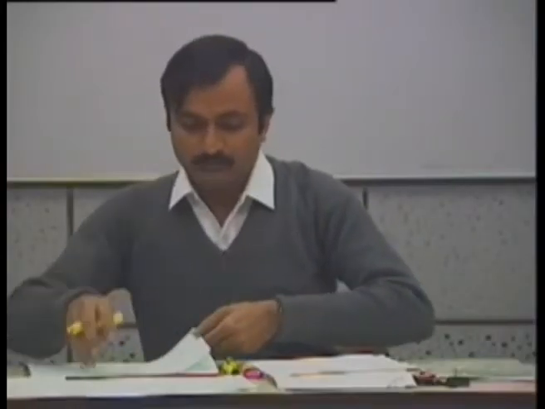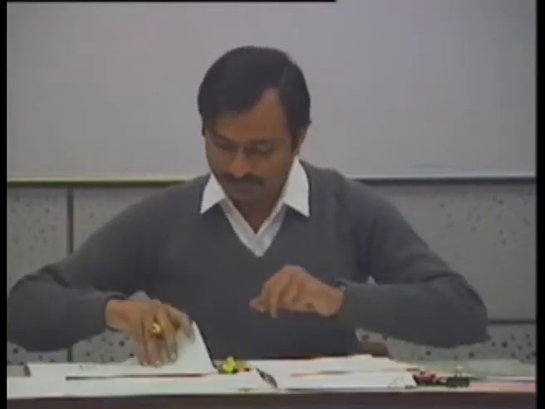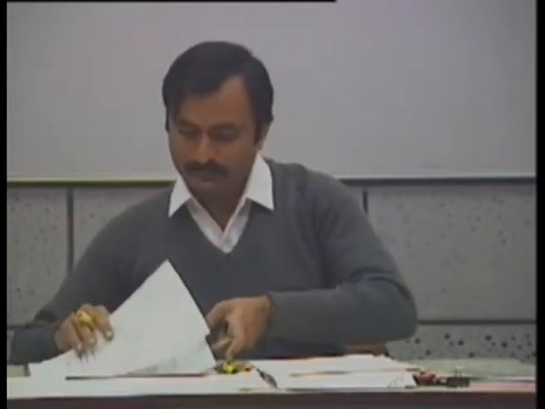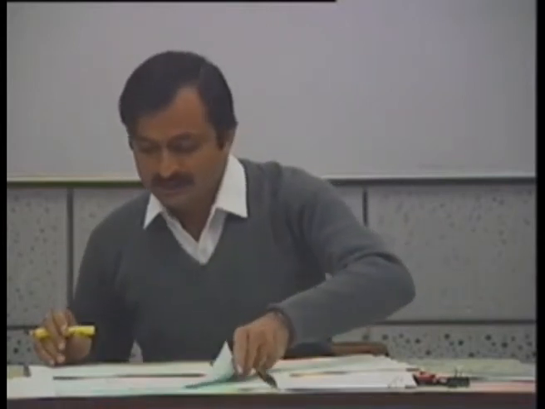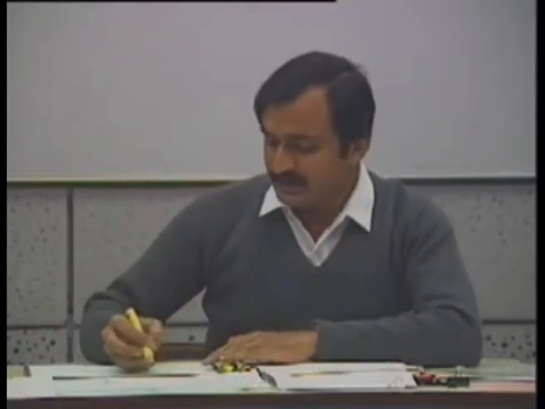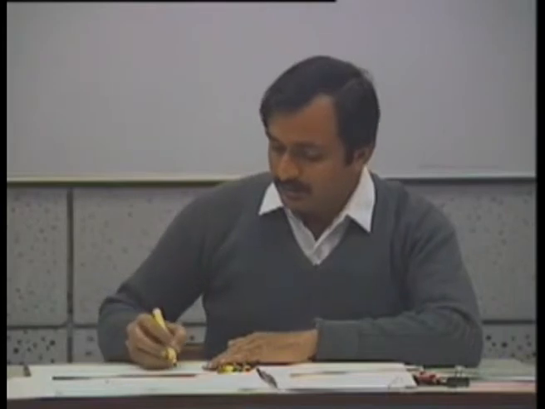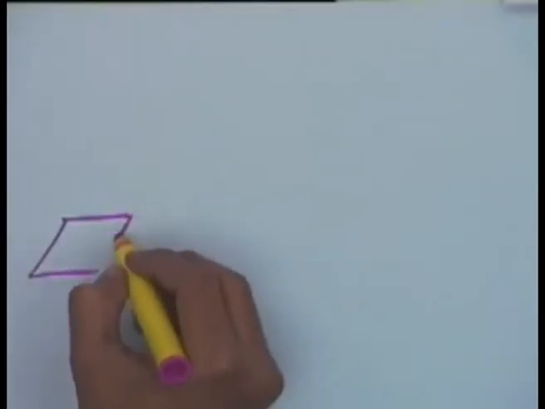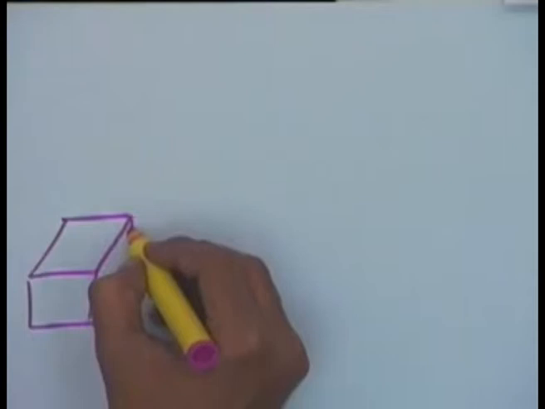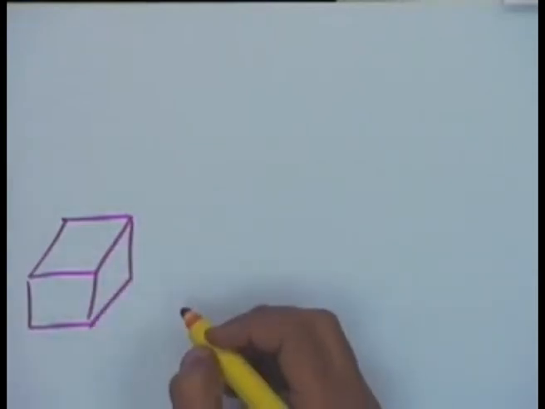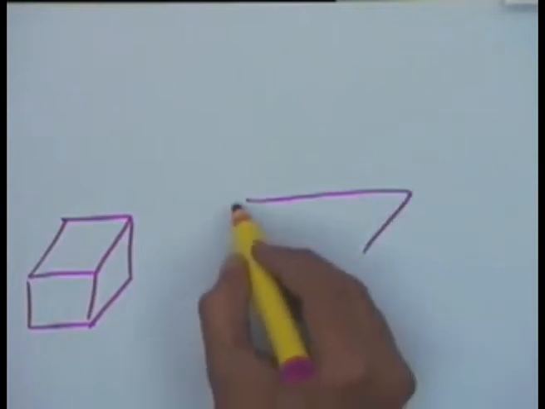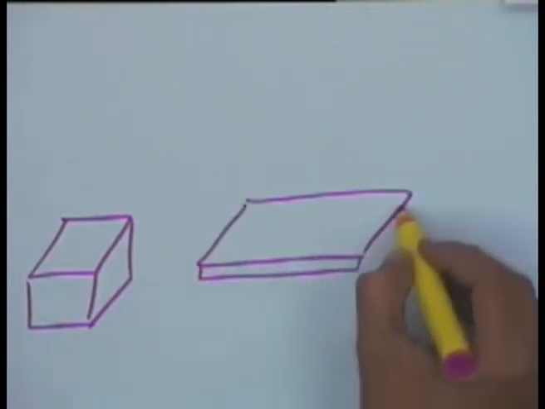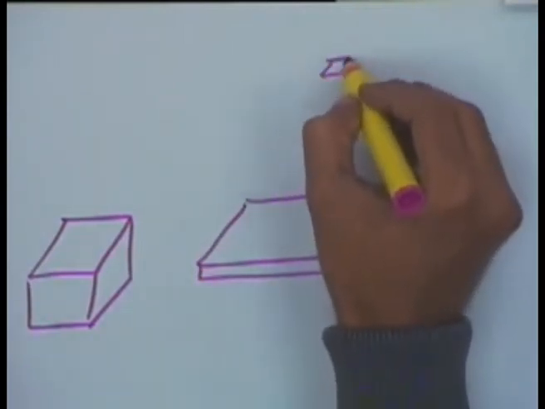Okay. Now the next thing that we can see is that, let's say if I am taking a cube, a unit cube as a primitive, I can transform the unit cube and get even a plate and even a thin vertical rod.